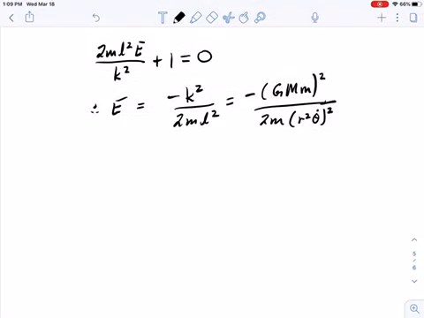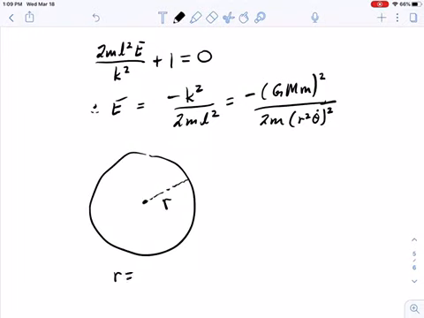But if our orbit is circular, then anywhere in the orbit, the radius is a constant. So r is equal to a constant for a circular orbit. And if you remember, we calculated v squared, and v squared had an r dot term and an r theta dot term.